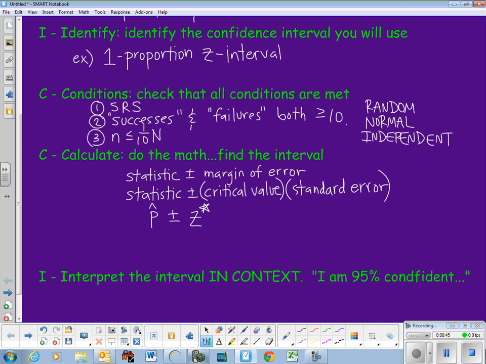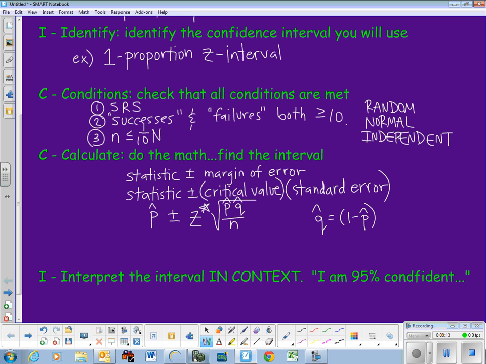We have always used the square root of PQ over N. Again, since we do not know P, we have to use the square root of p hat q hat over n. And again, I like Q instead of 1 minus P just for memory purposes, but 1 minus P, if one of them's 70, the other one's 30.